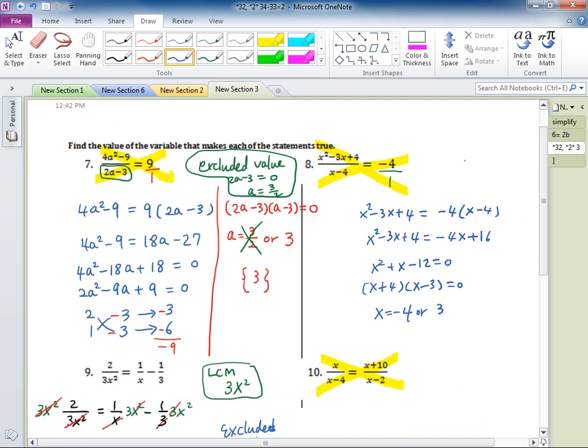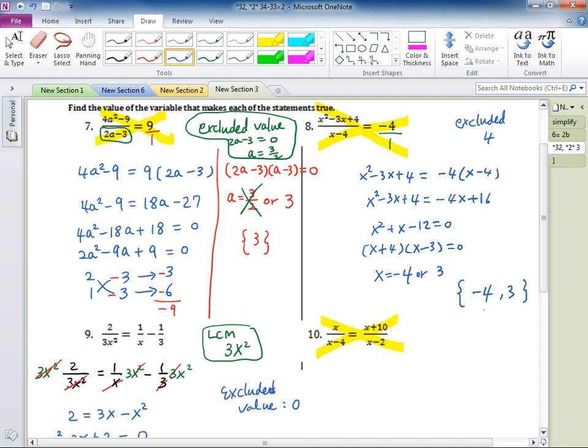Do we have excluded value 4? Excluded value is positive 4, so negative 4 and positive 3 are both fine, so both are solutions.